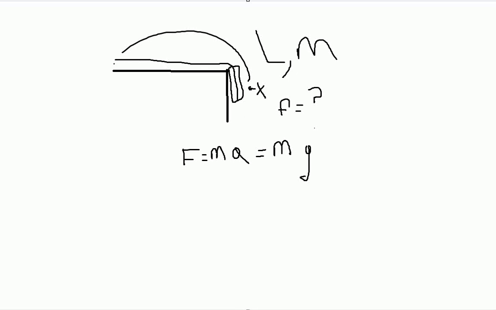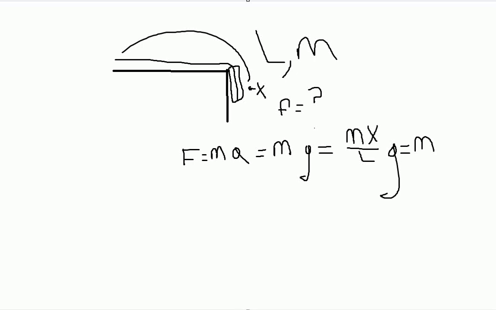The entire rope has a mass of M and uniform density, so it's just the portion. It's going to be equal to the entire mass of the rope multiplied by x over L, which is the portion that's hanging off. That's simple enough, and this is equal to MA.